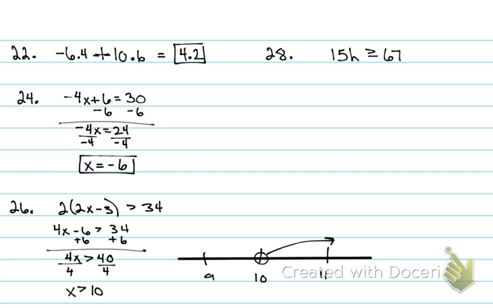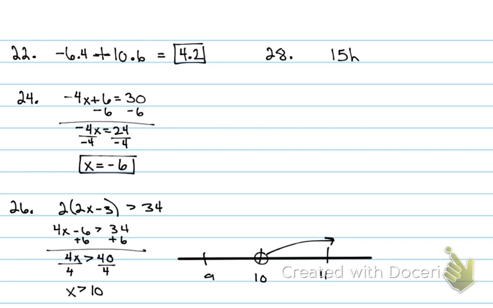On number 28, we had a word problem. It said you earn $15 an hour. How much do you have to work to buy a phone for $675? So if you want to buy the phone, it's $15 an hour. Does that need to be greater than or equal to, or less than your total? Greater.